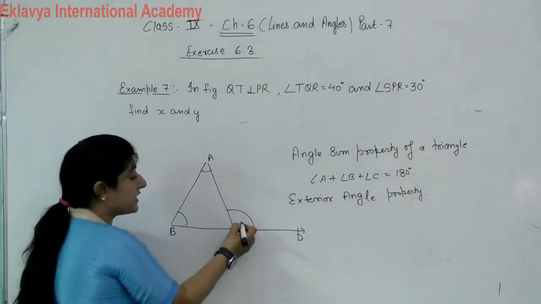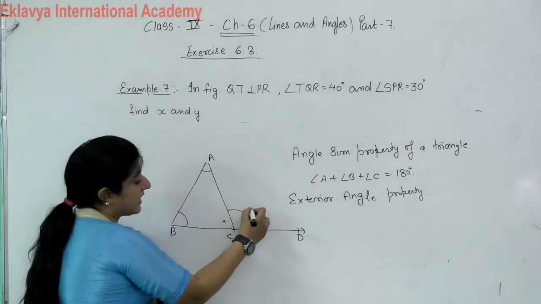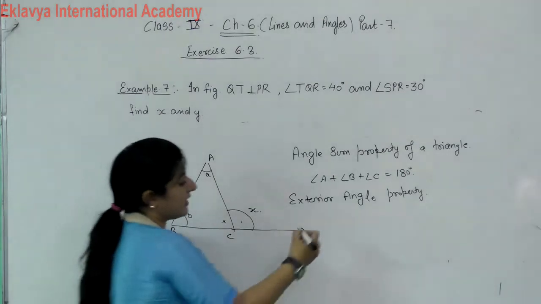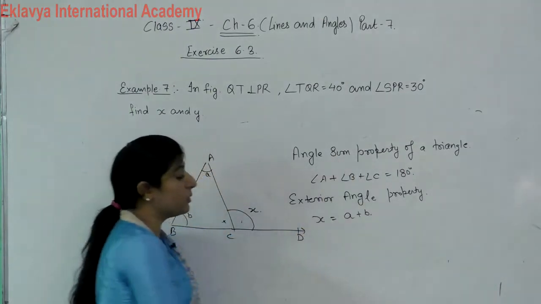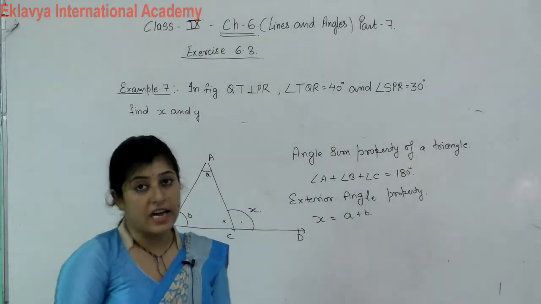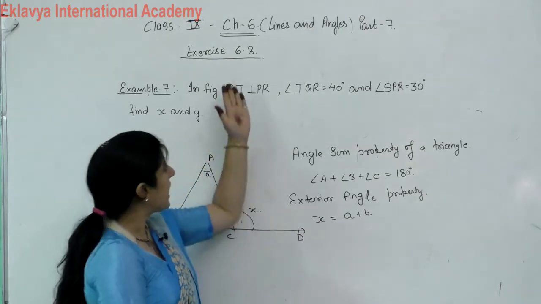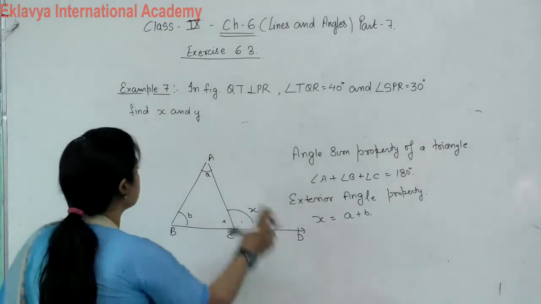It means this interior angle is A, this one is B, and this exterior angle is x. Then the exterior angle is equal to the sum of the two interior opposite angles. These two concepts we will discuss in exercise 6.3. Now see examples.